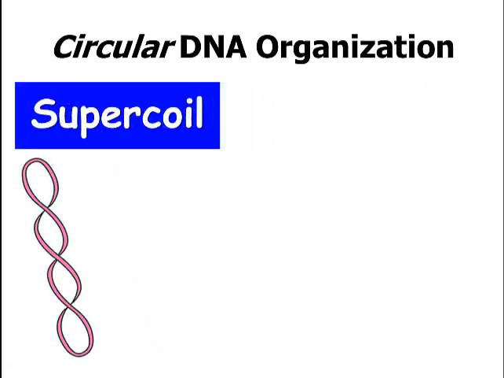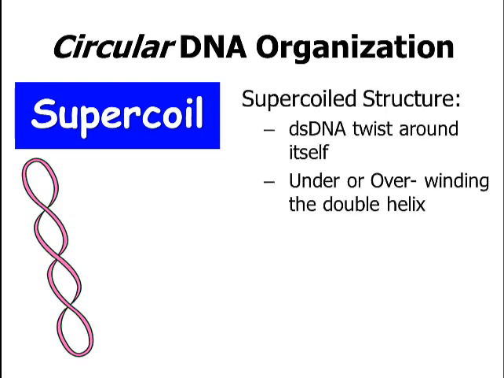Let's have a look at the structure of supercoil to the extent that we need for Step 1. Double-stranded DNA twists around itself. The double helix will be under- or overwound, and it produces supercoil.